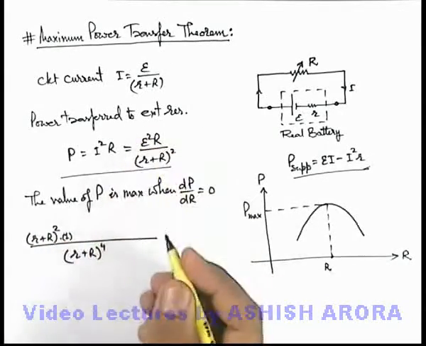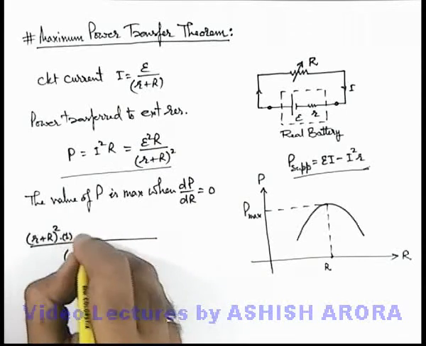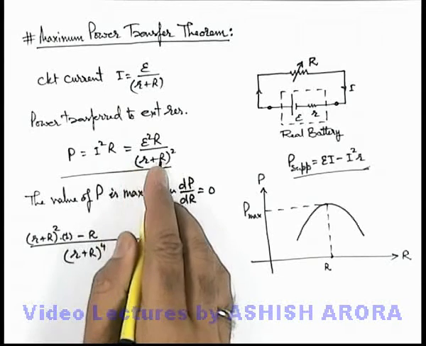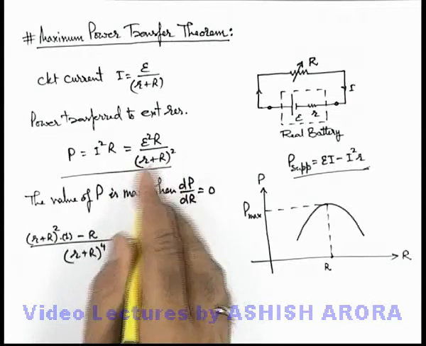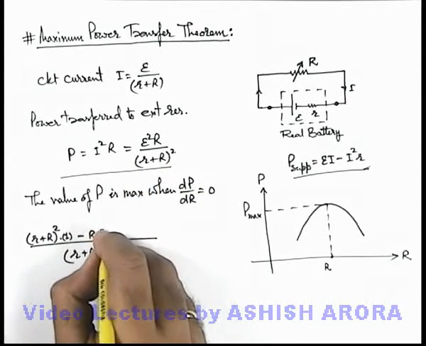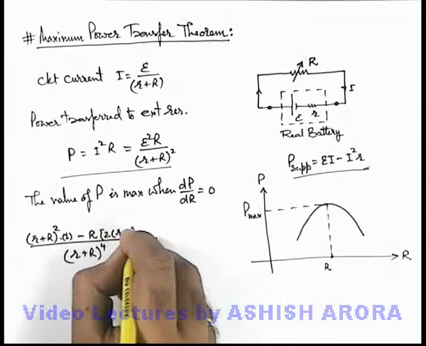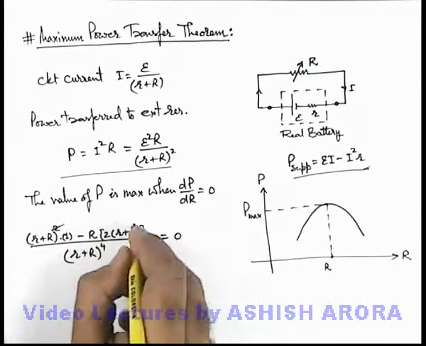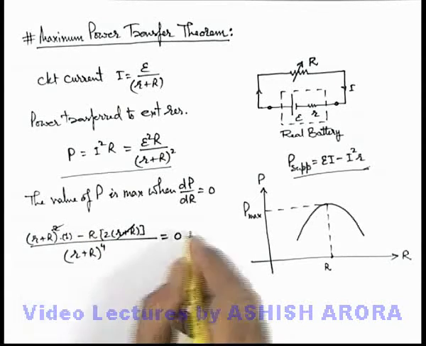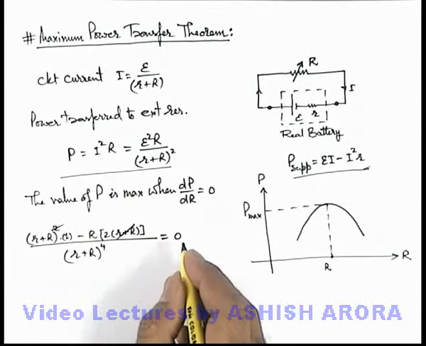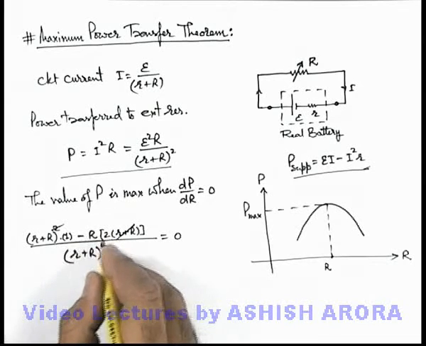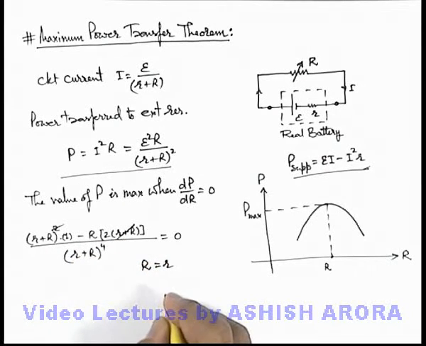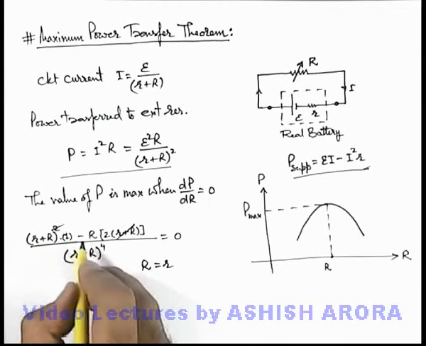Here E square is a constant, we can ignore it, minus R as it is times the differentiation of (r plus R) whole square, which gives twice (r plus R), and we equate it to 0. This square gets cancelled out, the denominator can be cross multiplied with 0, and on simplifying you can see we are getting R is equal to small r, because small r plus capital R minus 2R is 0.